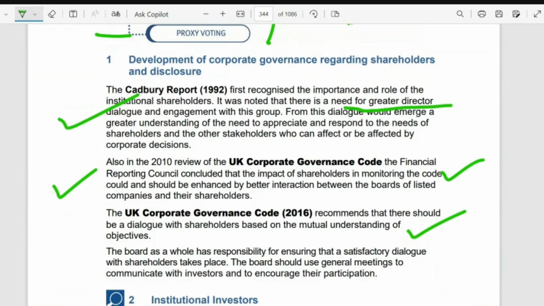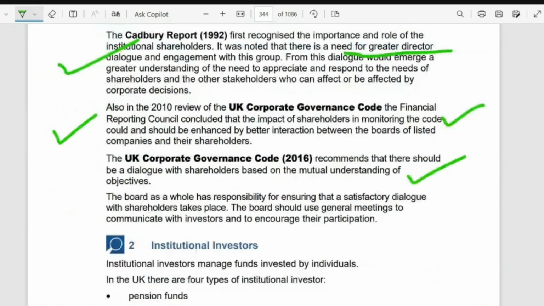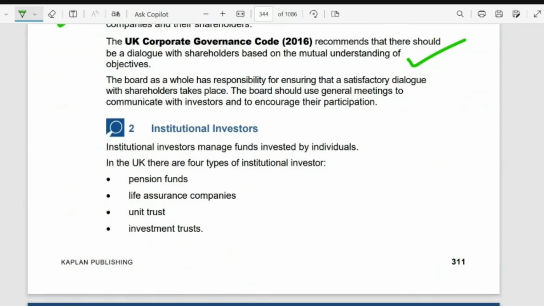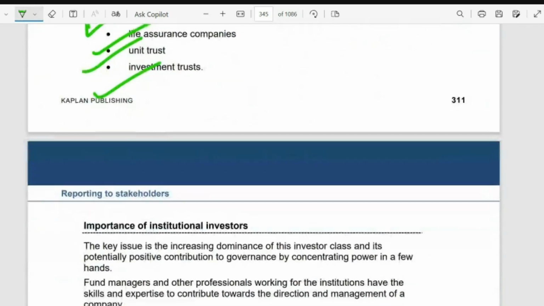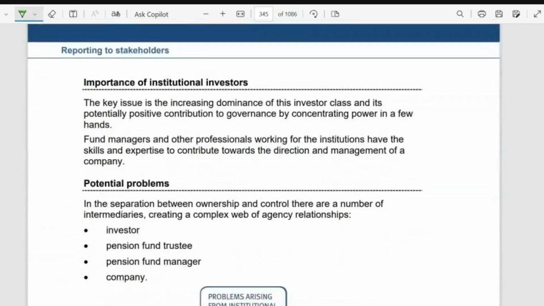Institutional investors: who are they? Those investors who have a risk in the company, like pension funds, life insurance companies, unit trusts, investment trusts, and bodies who have an interest in the company. The importance of institutions is the key increase in dominance of this investor class.